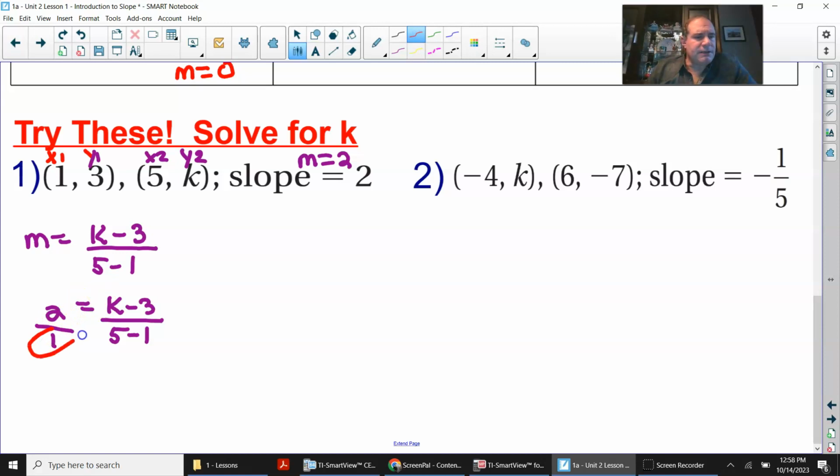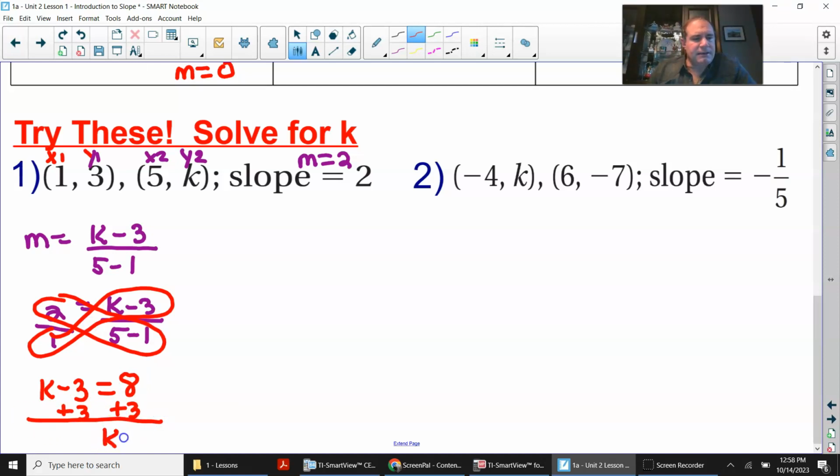So this right here is 1 times k minus 3. 1 times k minus 3 is just k minus 3. And then it's 2, and 5 minus 1 is 4. So we're just going to say 2 times 4. 2 times 4 is 8. Then you add 3 on both sides, and you get k equals 11.